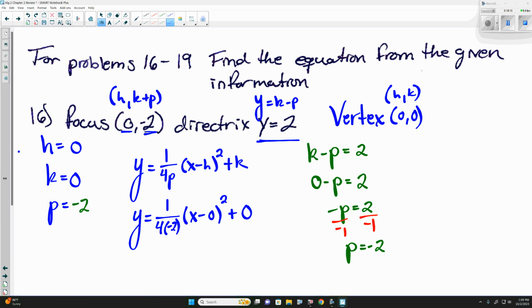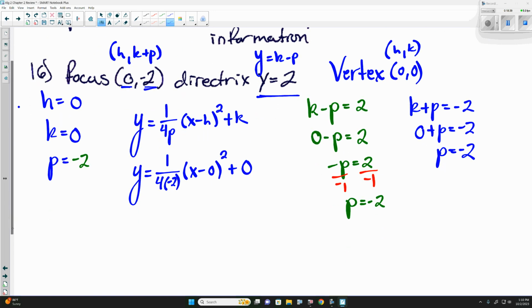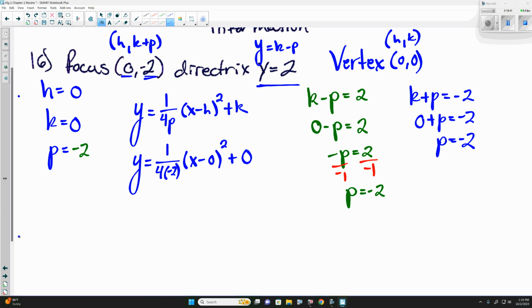And exactly, we could have said k plus p equals -2. 0 plus p is -2, or p is -2. Right. It would be a little bit quicker. Yeah. We can always just say the focus, if the vertex is indeed 0, 0. Yes.